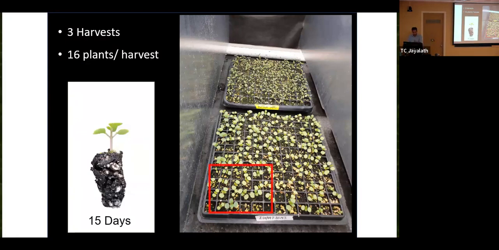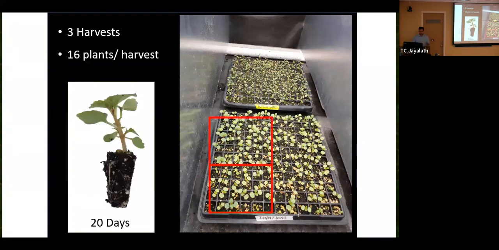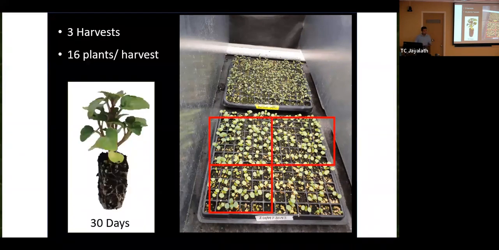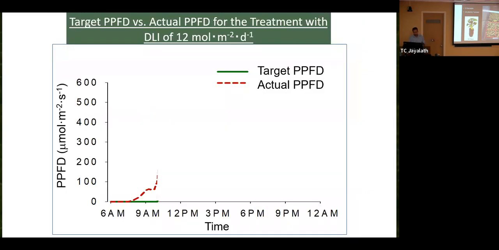We selected 3 different locations, and from all the selected locations, we harvested the most centered 16 plants each time. The first harvest was at 15, the second at 20, and the third one was harvested 30 days after placing those seedlings under those lighting treatments. And this shows, within 1 day of our study, how the adaptive lighting control system works.